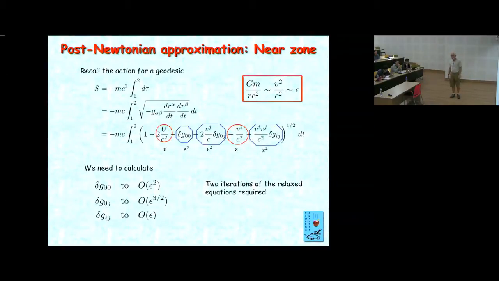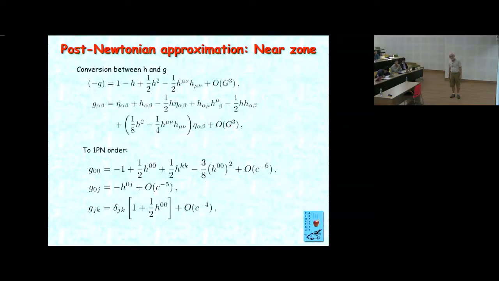But of course, we're not calculating g, the metric, directly. We're calculating h, and there's a complicated relation between the two, so it's worthwhile actually figuring out what that relation is. It'll help us save work if we know what we need in terms of h to get what we need in terms of g.